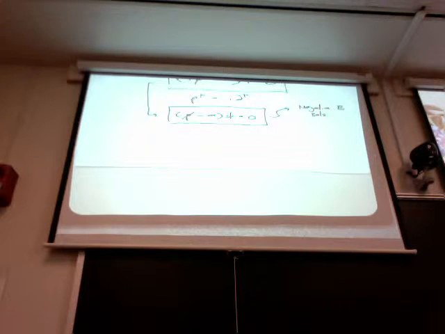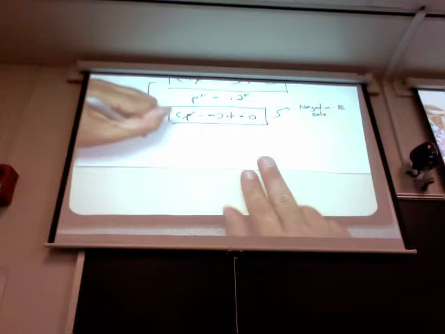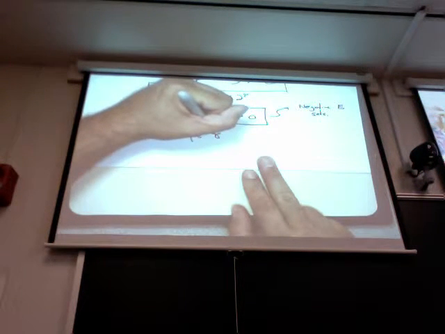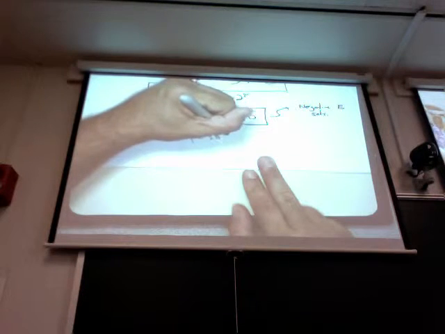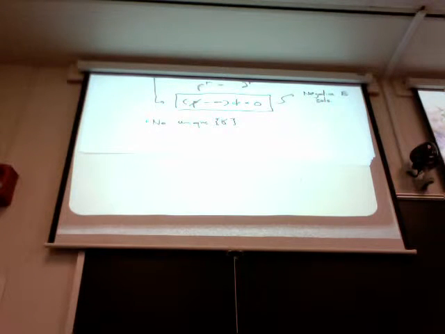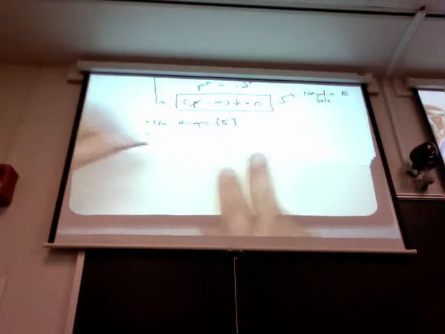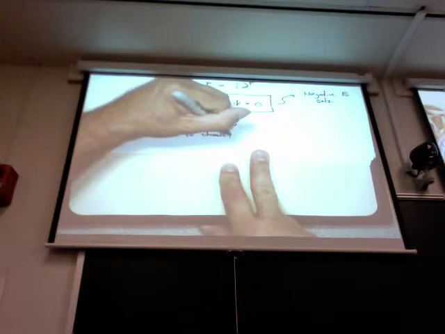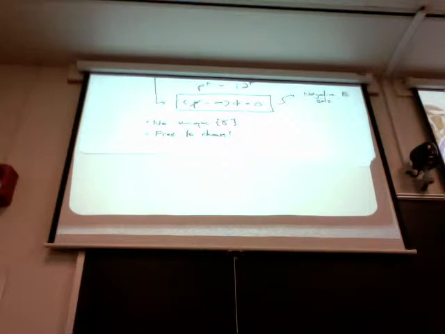There's no unique way to write down the Dirac gamma matrices, so you're free to choose however you want.